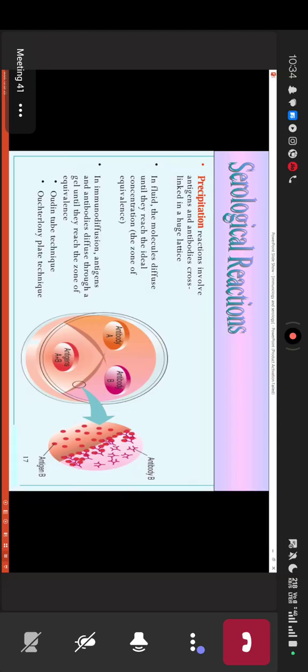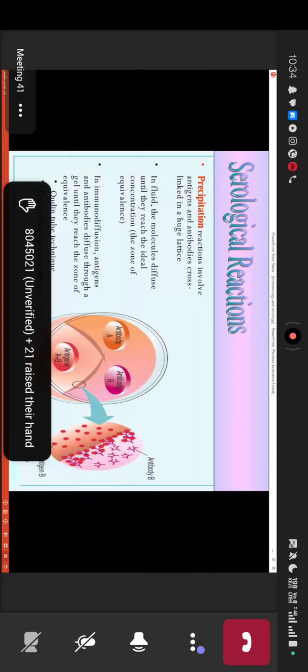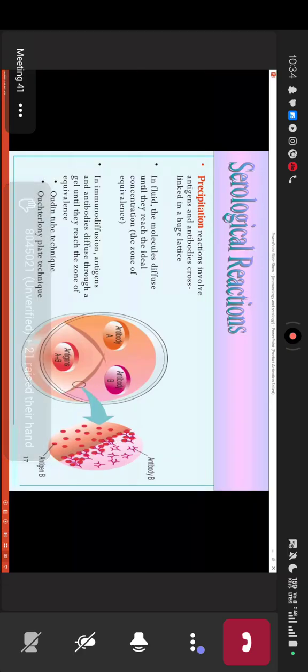So whenever they meet at the zone of equivalence, they form the visual reaction, and apart from them, the extra antigen or extra antibodies rest aside, right?